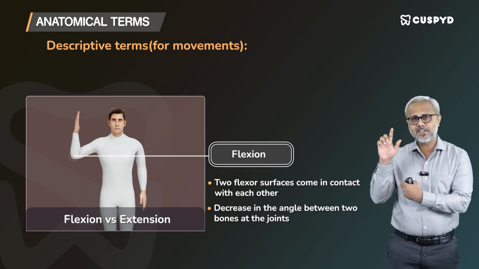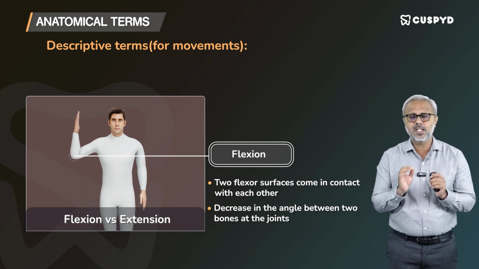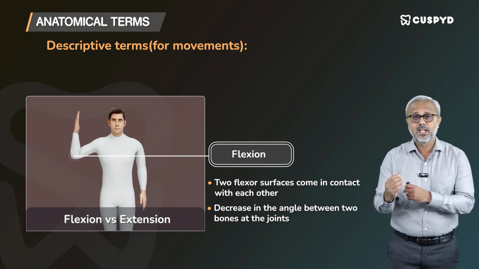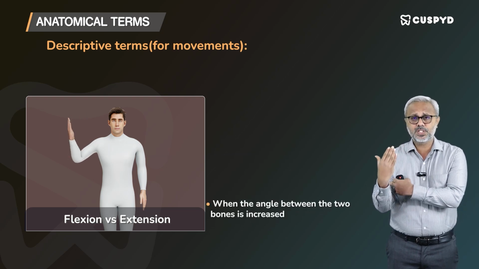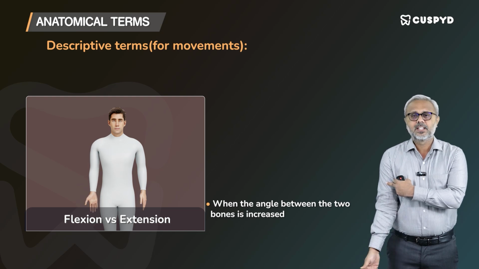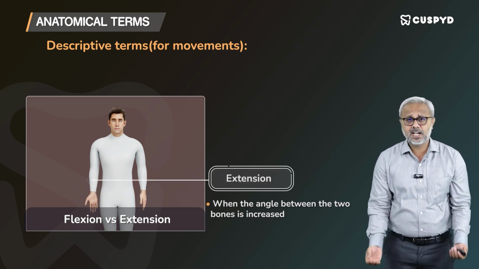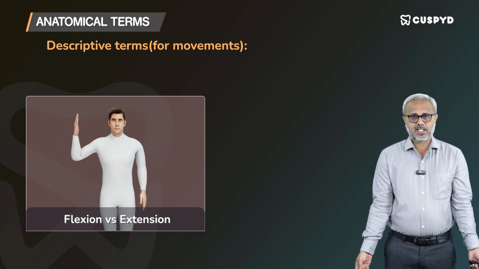So flexion can even occur in the fingers at the interphalangeal joints. Whenever there is a decrease in the angle between two bones at the joints, we call it flexion. In the opposite movement, when the angle between the two bones is increased, this is called extension. So flexion is basically a bending movement and extension is basically a straightening movement, right?